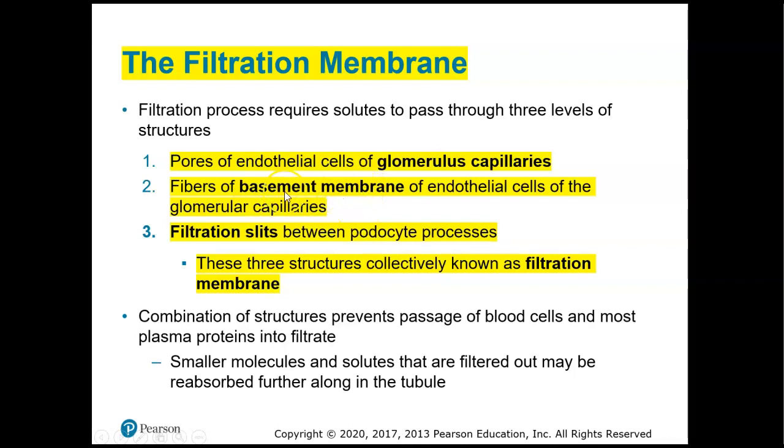So we have two basement membranes. It's basically two layers of very, very thin epithelial tissue. One layer comes from the blood vessels and the other layer comes from the nephron.